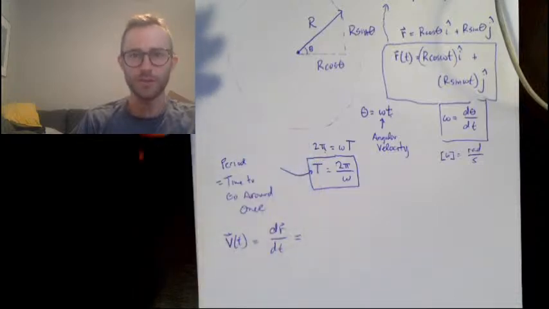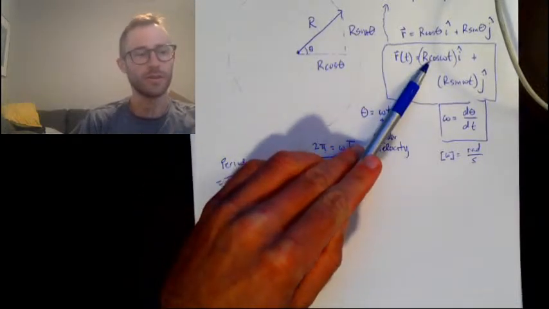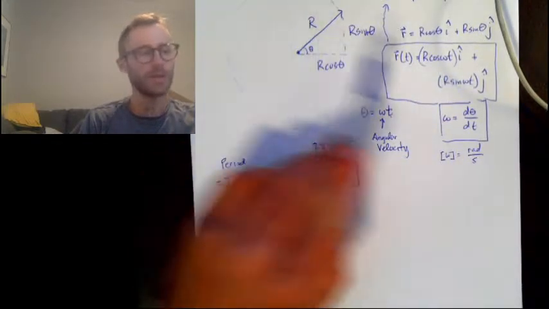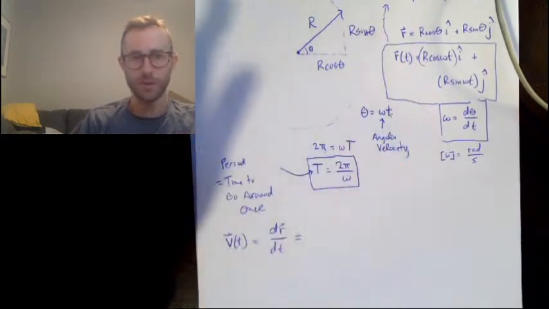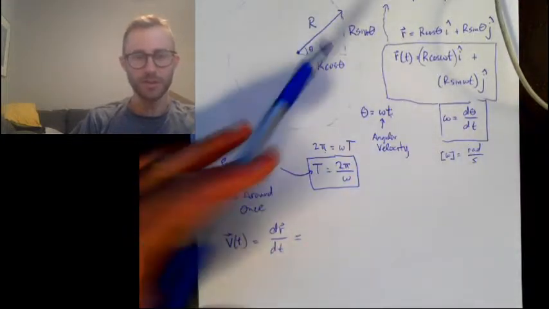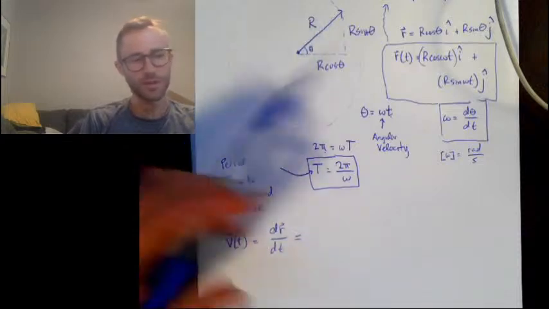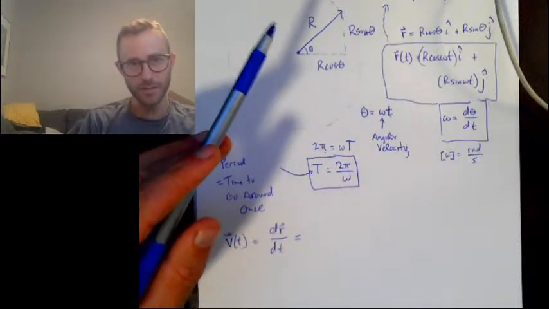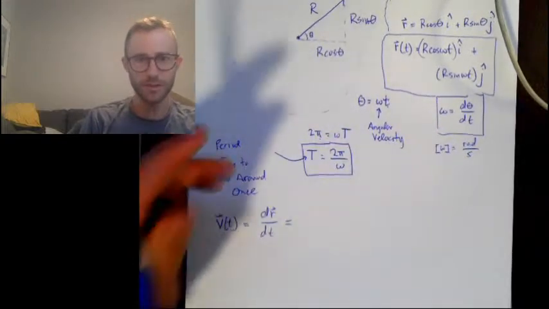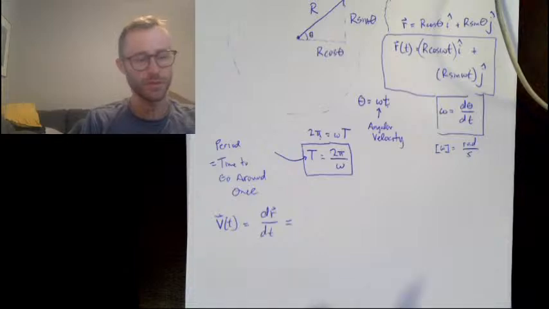So how do I take the derivative of a vector? I take the derivative of the i component, and I take the derivative of the j component. This is taking the derivative of a trig function. So one of the bummers about this class is it's always a little bit ahead of the AB calculus course. So you might not know how to do that yet, but this is just for the derivation. You can come back and watch this lesson again after you learn about derivatives of trig functions.